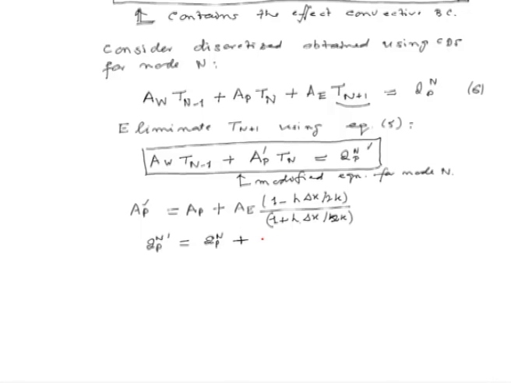So, it would be minus AE times, now we are transferring the contribution to the right hand side, h delta x by k divided by 1 plus h delta x divided by 2k times Ta.